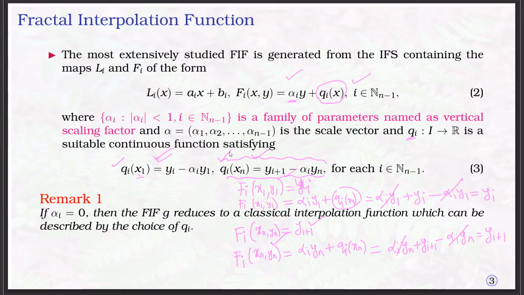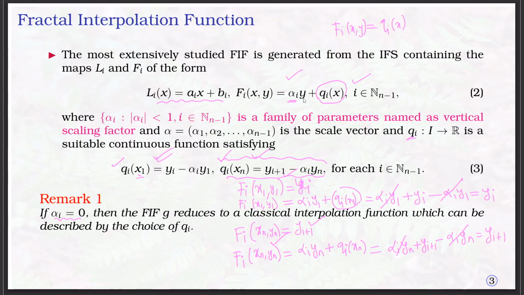Fine. If you take alpha equal to 0, what is the effect? There is no effect on L_i, because it does not depend on alpha_i. Then one gets q_i(x), that means the F_i function depends fully on q_i(x).